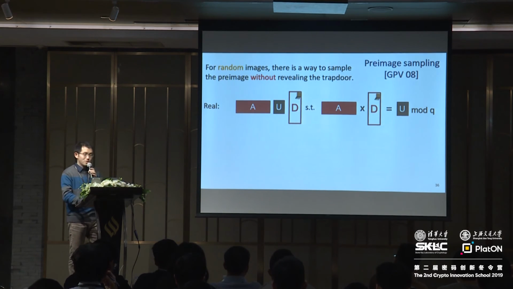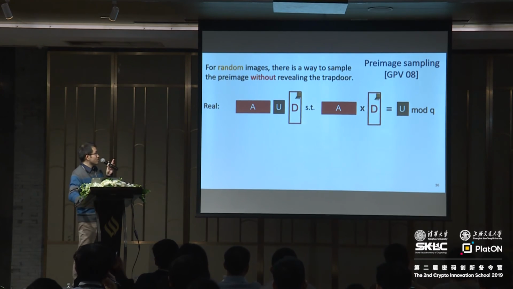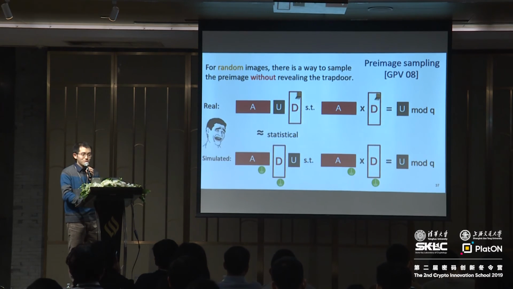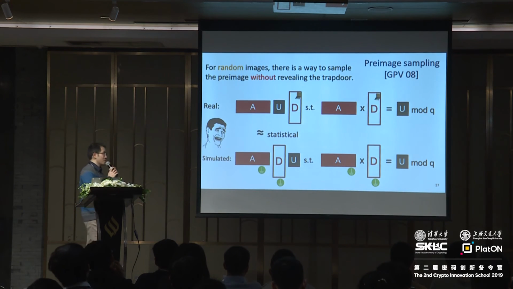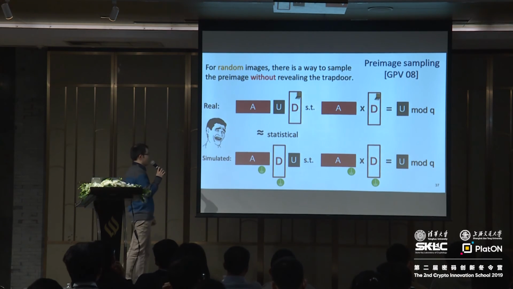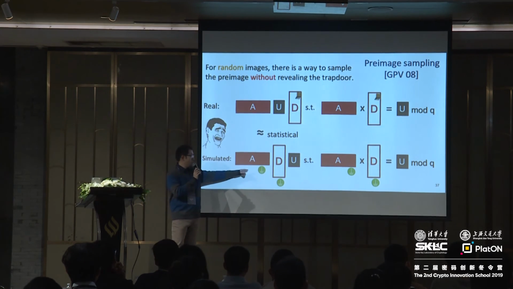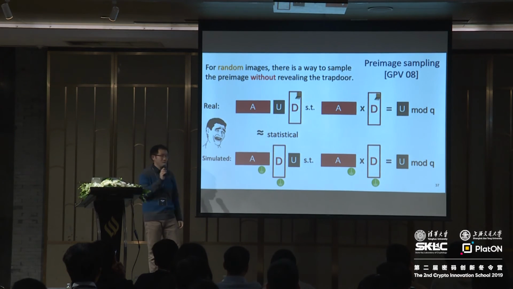GPV proposes an efficient algorithm for sampling D from a distribution which has the following property. In the real world, you sample D with a trapdoor, but you can produce a statistically close distribution in another way. Since I'm coming from an electrical engineering background, I will use this notation to denote sampling without a trapdoor.